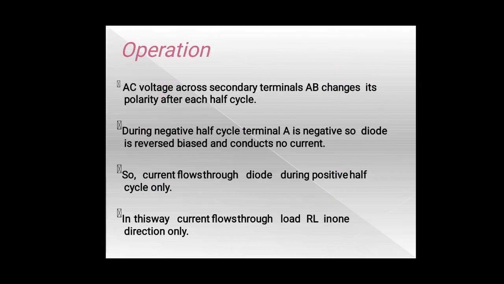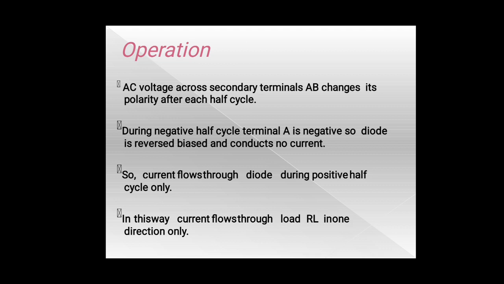See the operation here. The AC voltage across the secondary terminal AB changes its polarity after each half cycle. During the negative half cycle terminal A is negative, so the diode is reverse biased and conducts no current. Current flows through the diode during the positive half cycle.